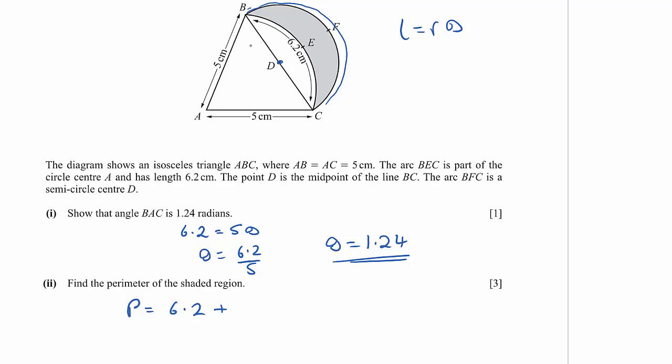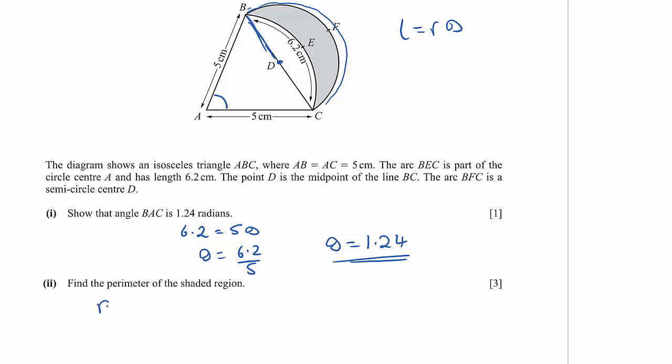So what we'd really like to know is the length of BD, because that would give us the radius. So before I do this P equals 6.2 plus, I think perhaps we need to do a little bit of working for that. So we can work out the length of BC.